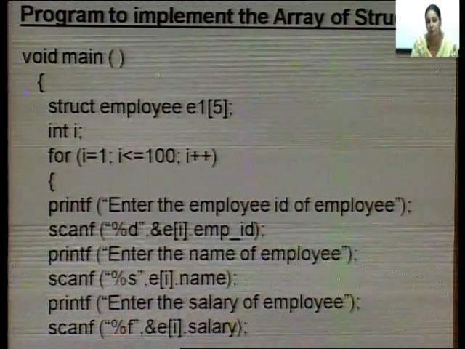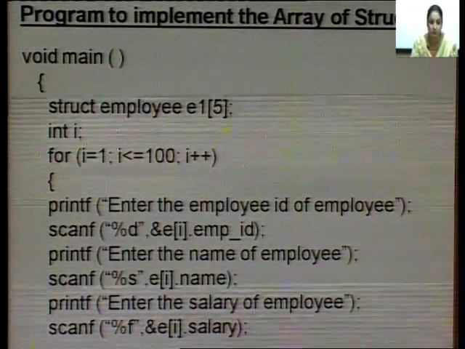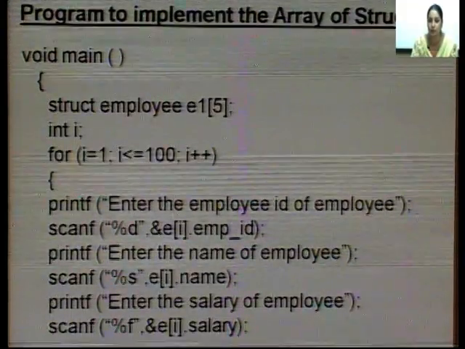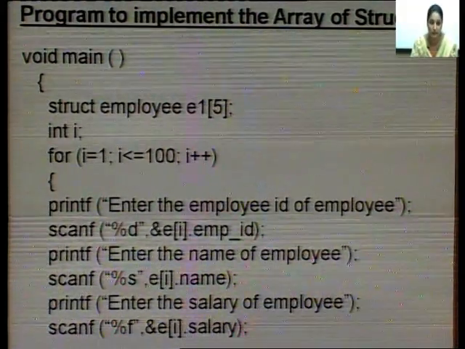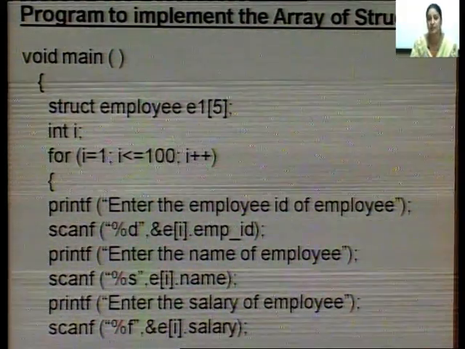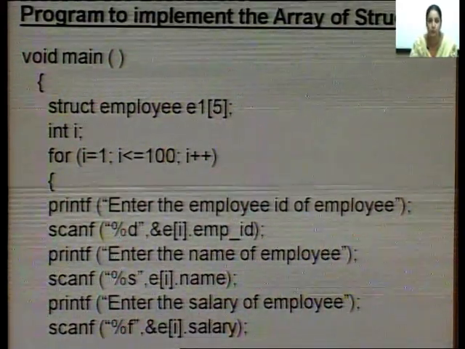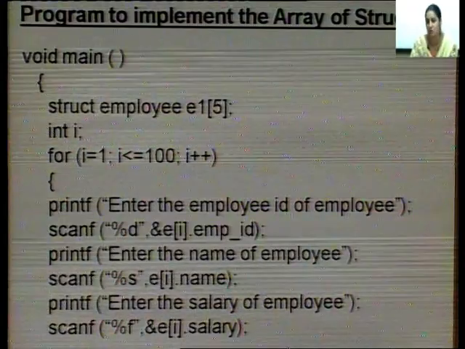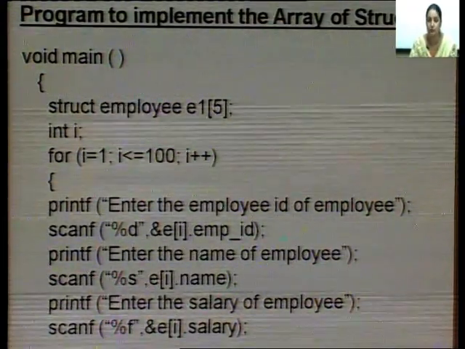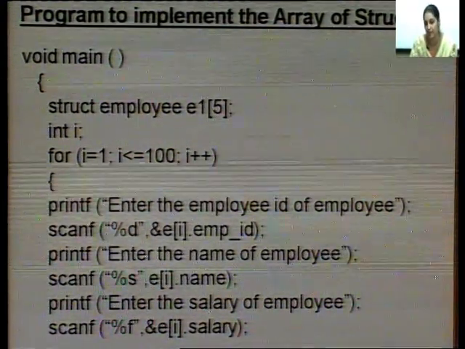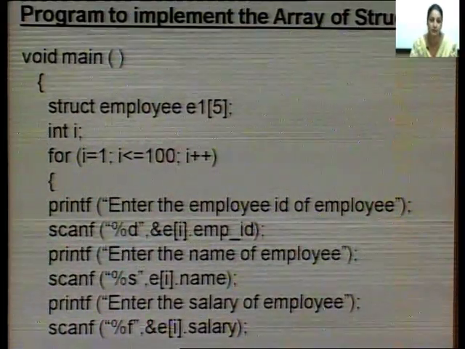Now I scan and print the various values of the employee. Here I enter the employee ID of the employee, then %d, ampersand E1, then employee ID. Here employee ID is of integer type, so I use %d. Name is of string type, so I use %s, and so on. Salary is of float type, so I use %f.